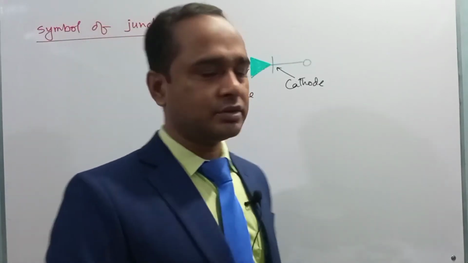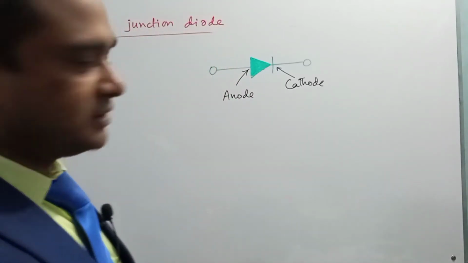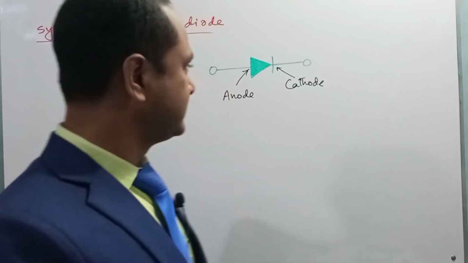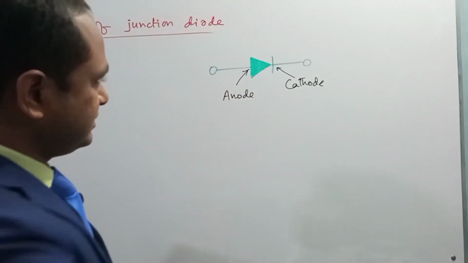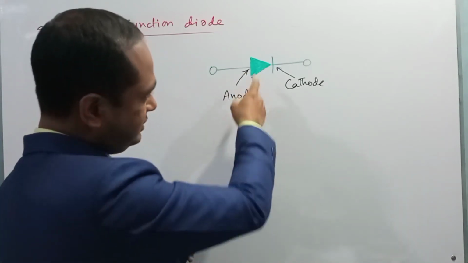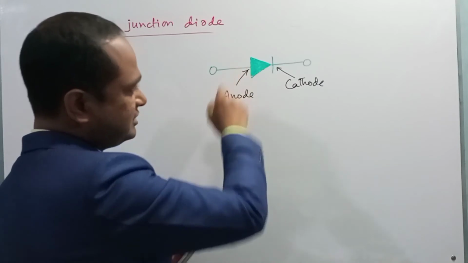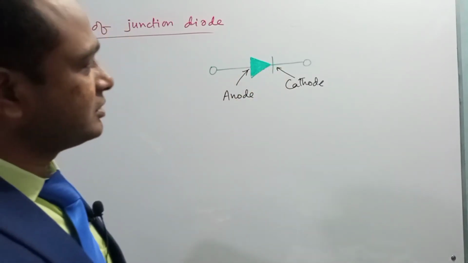Dear student, now we need to see the symbol of a junction diode, that is, a PN junction, right? So this is the symbol for the junction diode. This indicates the anode, that is, the positive pin or P-type pin of the PN junction, and this portion indicates the negative pin or N-type pin.